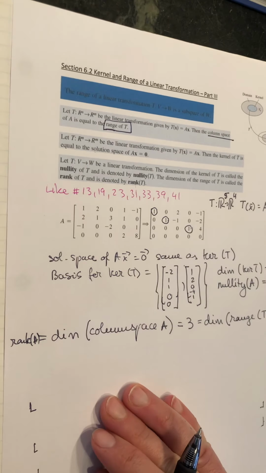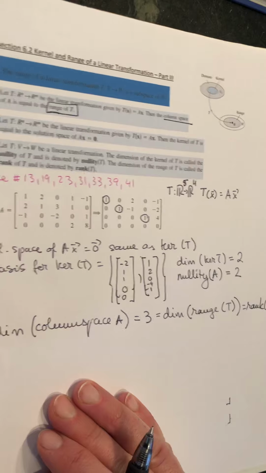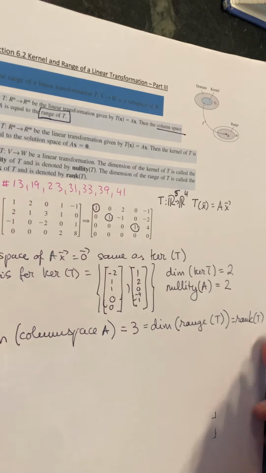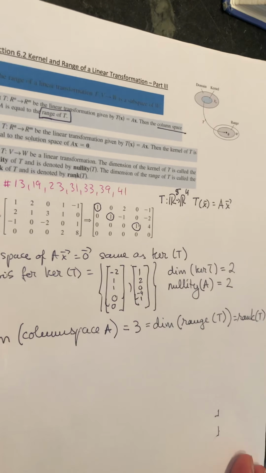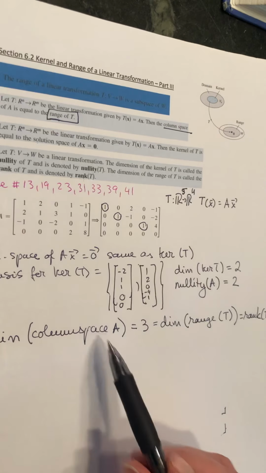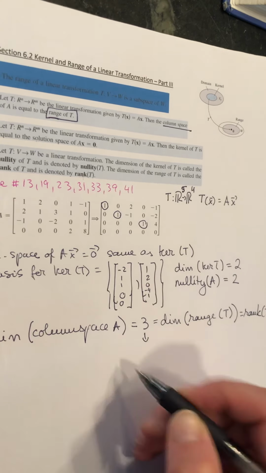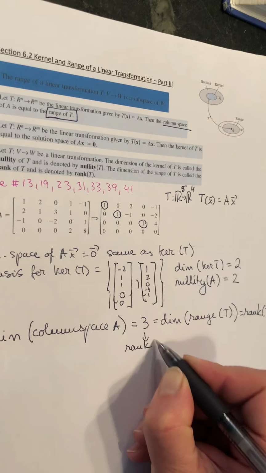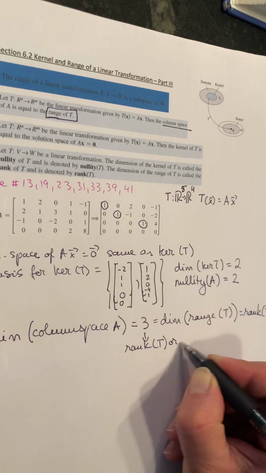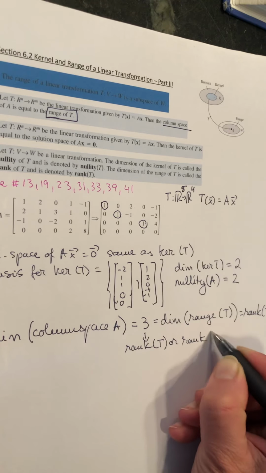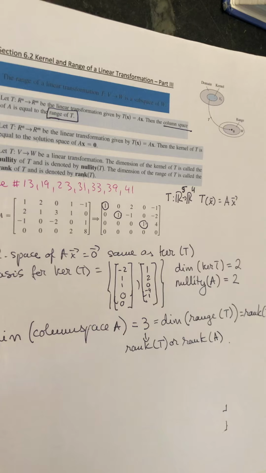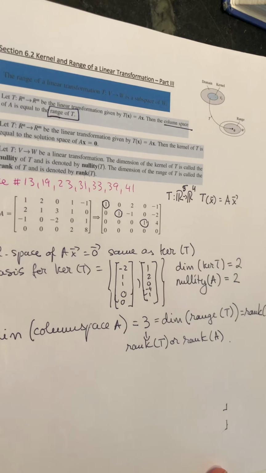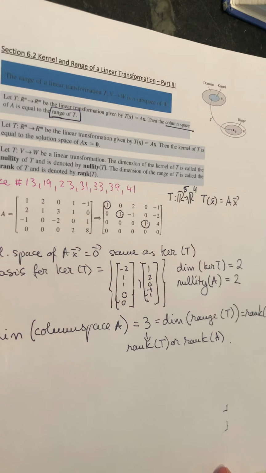I wrote rank of A here out of sight, and I wrote rank of T there, and I didn't notice that I was out of sight. So this is the rank of T, or it's also called the rank of the matrix A. Excellent. So what did we leave out?